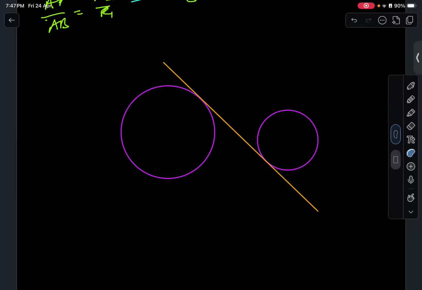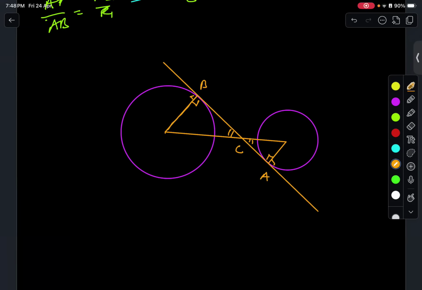Yes. So in this, you can drop a perpendicular from this, and drop a perpendicular from this, and just join these two. This angle, both are the same, obviously. And this is 90, this is 90, and the same line is there. So these two triangles, you can say A, B, C, C1, C2.